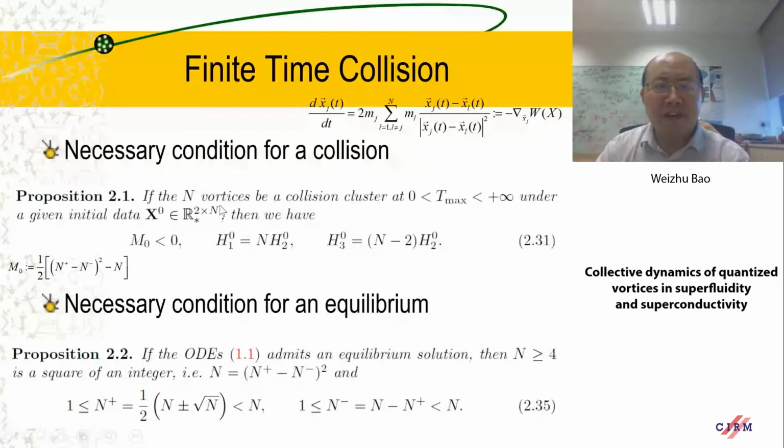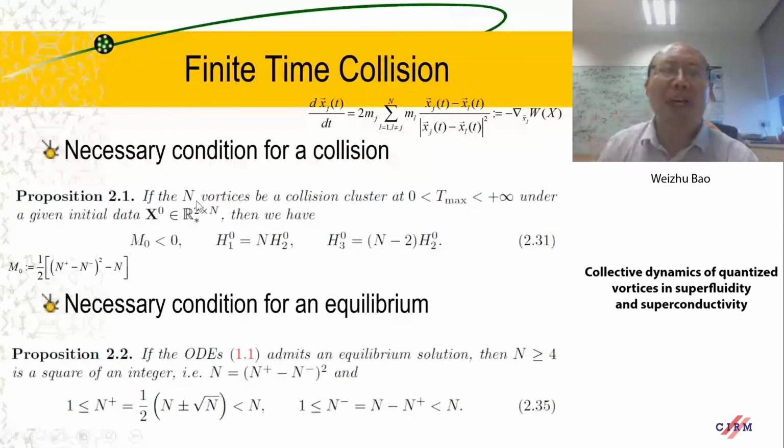And we also give a necessary condition for an equilibrium. That means if they form an equilibrium, then n plus must be equal to 1 over 2 times (n plus minus square root of n). This one is less than n, something like that. So of course, if n equals 4, n plus equals 3 and n minus equals 1. This satisfies the condition.